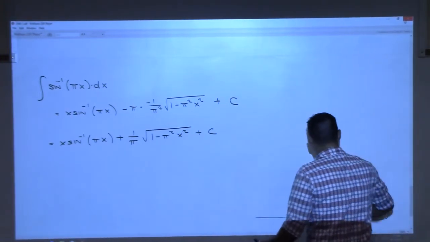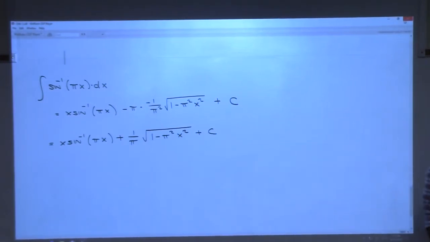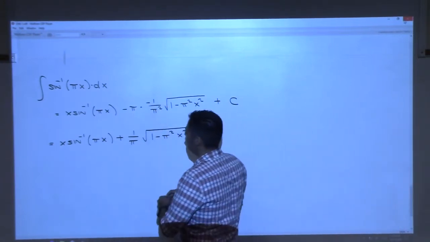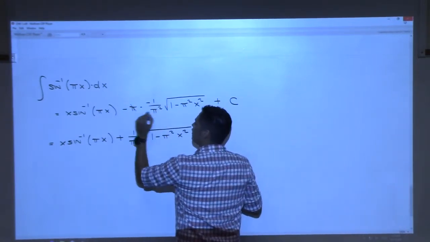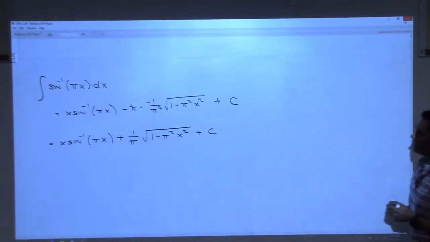What do y'all think? What happened to the 1 over pi squared? Right here? Okay, so I just canceled one of these pi's, because that pi is on top and this is pi squared.